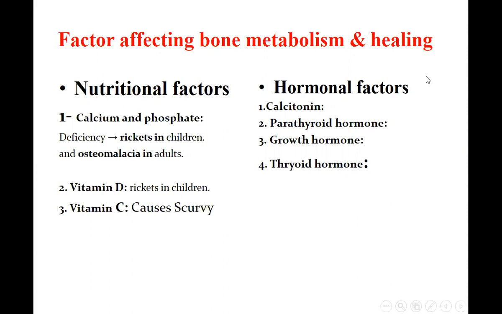The third important factor is the growth hormone itself, because it helps in the total growth of the body, including the bones. So this hormone is also very important for bone healing and metabolism. And the fourth hormone is the thyroid hormone, T3 and T4, which helps in the overall growth of the muscles, bones, everything.